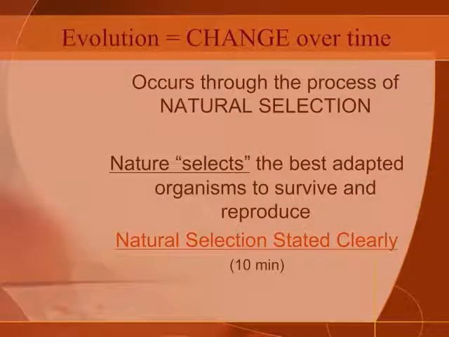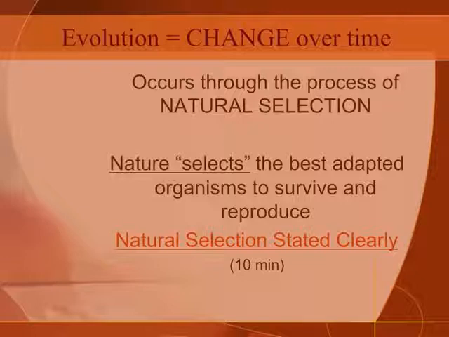On the back side of your graphic organizer, we are going to look in depth at the process of microevolution, which is the most important theory for you to learn and understand. Please, in the space provided, write that evolution simply means change over time. Evolution occurs through the process of natural selection.